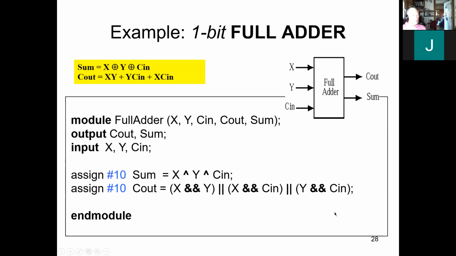Remember, in continuous assignment statements, the left-hand side must be a wire. The right-hand side can be a wire or a register. In an always block, the left-hand side has to be a register, and the right-hand side can be a wire or a register. This of course is the operator for exclusive OR. So it's X exclusive OR with Y exclusive OR with carry in.